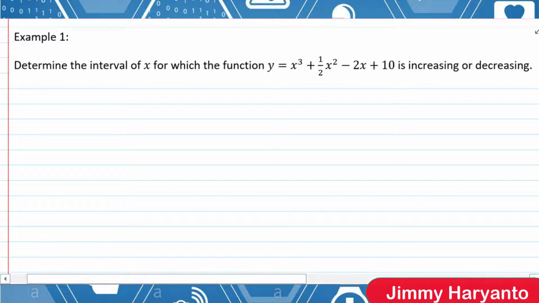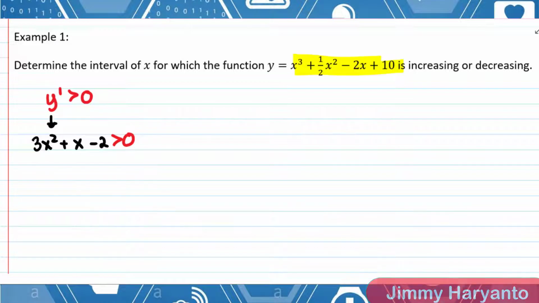The condition for increasing is y prime greater than 0. And y prime, you can find directly from the x cubed function. From this you will get 3x squared plus x minus 2, and then you say it's greater than 0 because that is the condition for an increasing function.